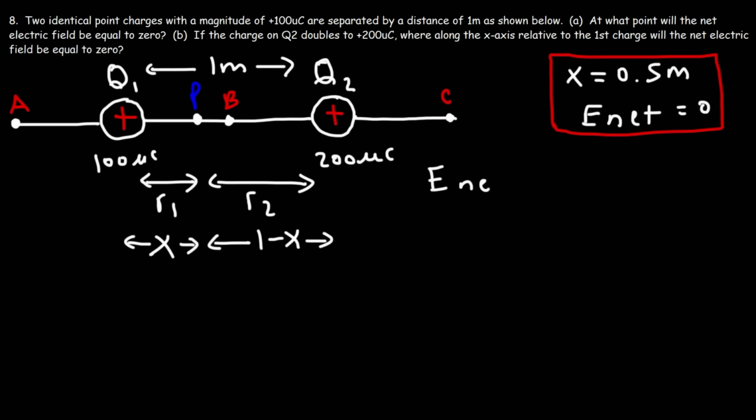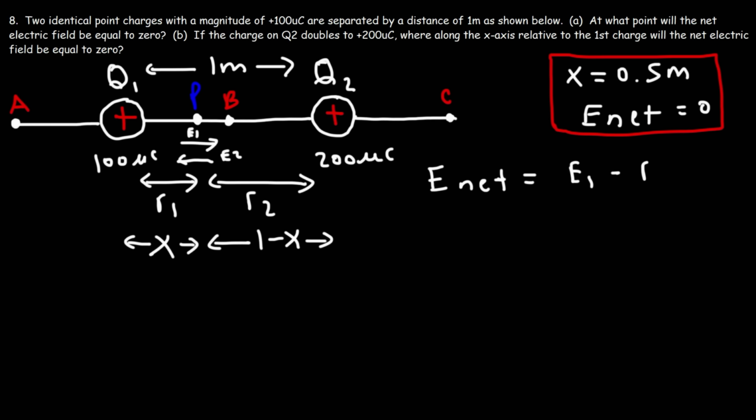At point P we have E1 going to the right, and E2 is going to be going to the left. So because E1 is going to the right, it's positive.